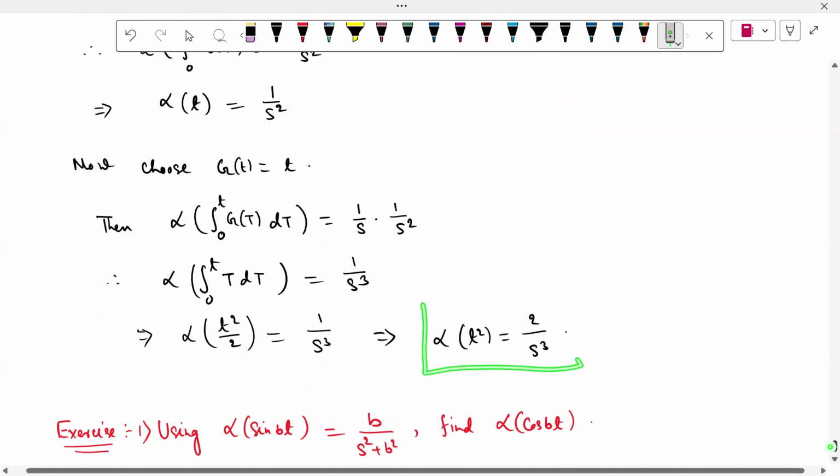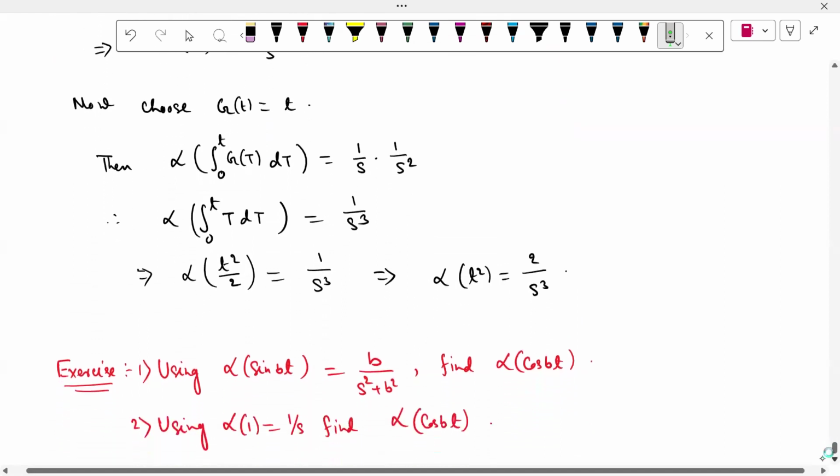So using integration you can also find these different formulas, and a few exercises. Using the Laplace transform you can find sine bt and cos bt, and using L of 1 you can also find this cos bt. This problem is very interesting. You can try this.